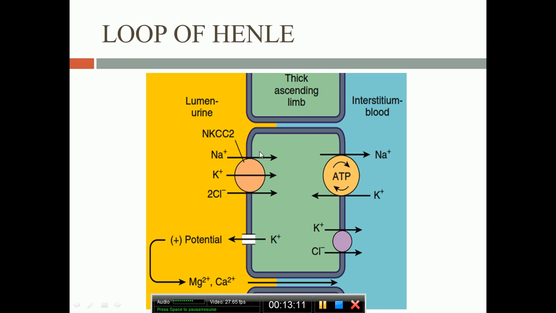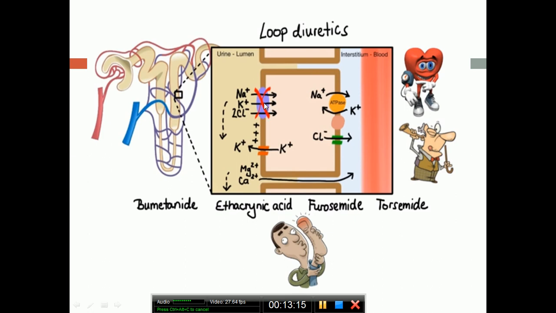So what will happen? This is blocked here like this. This sodium, potassium and 2 chloride ions will not be able to reabsorb, and this will also disturb potassium recycling.